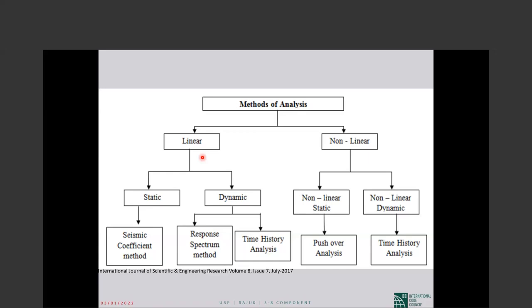But because it's linear and the behavior is nonlinear, we were using different load combinations for force control actions and different combinations for deformation control actions. So it was a little more complex.